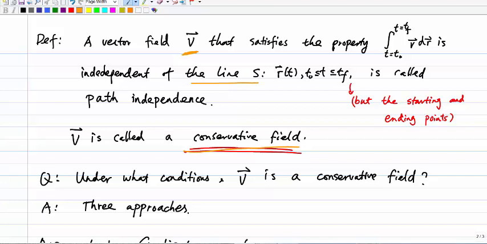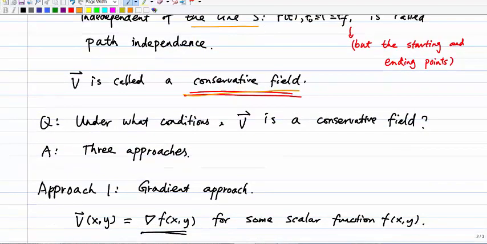Then we can apply path independence: if we want to compute the line integral over a vector field for some complicated line, we can simplify quite a bit if we know it is path independent, or if the vector field is conservative.